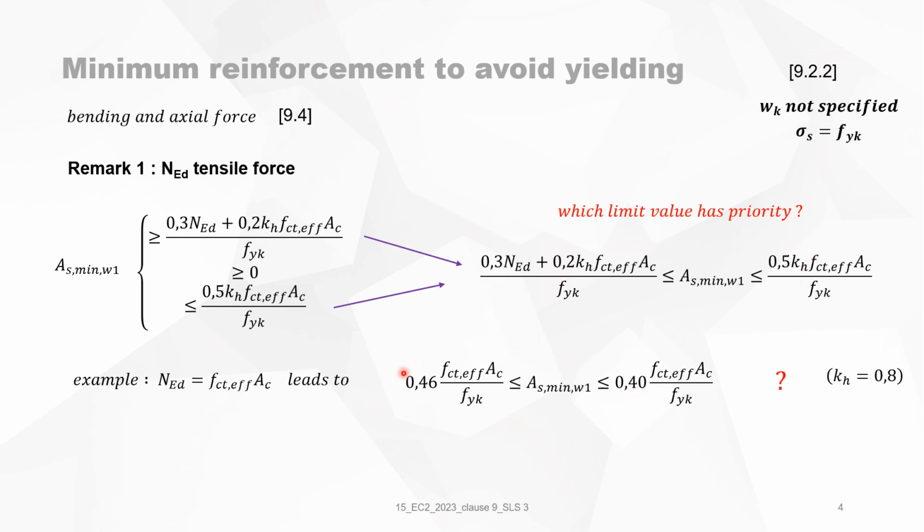Something is missing. And I propose that we should add the condition that the tensile force that you put in this formula must always be smaller than kH times fct,eff times Ac. When doing so, you will not have those absurd evaluations like here.